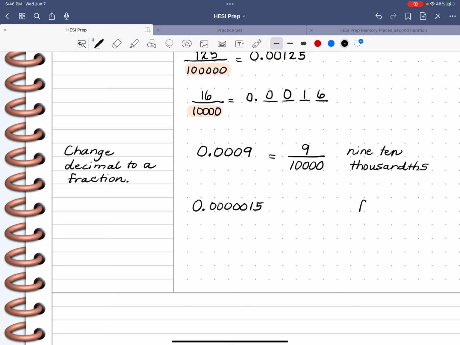So I know this is going to be 15, but I need to count the places. Tenths, hundredths, thousandths, 10,000ths, 100,000ths, millionths, 10 millionths. So it's 15 10 millionths.